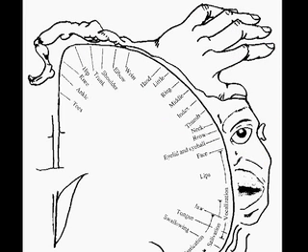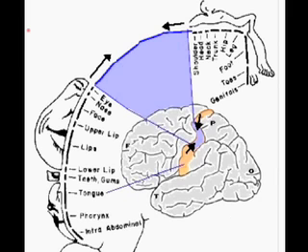If we had massive damage in this area, your entire map, entire sensation of your body, your entire image of your body would disappear. And because you would lose all awareness of the left half of your body, you would no longer know you have a left half of your body.